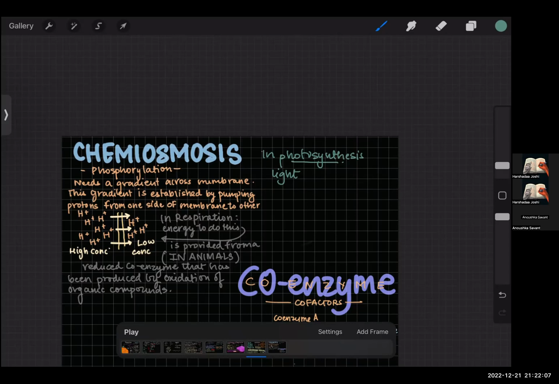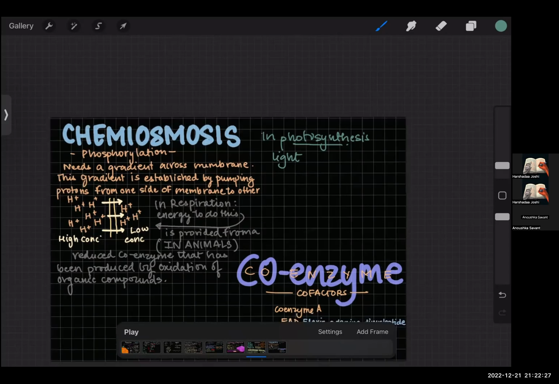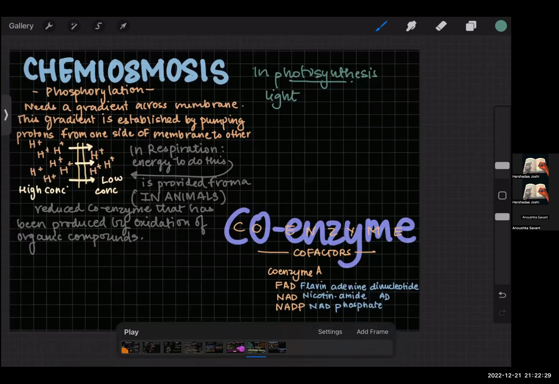Osmosis is what? H plus ions from one side to the other. So when the H plus ions come, your inorganic phosphate will attach to ADP and through that process ATP will be formed. But this is happening when the H plus ions have an influx. Influx means move inside. Unless and until they influx, you cannot have the process of phosphorylation take place.